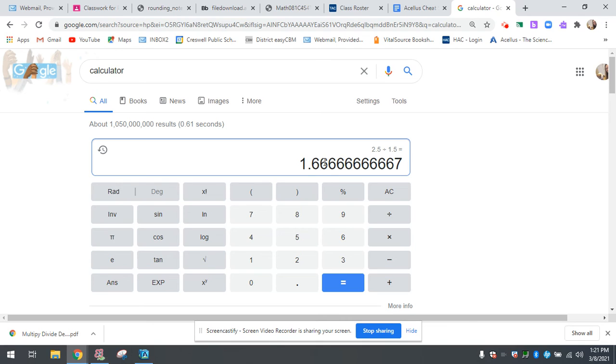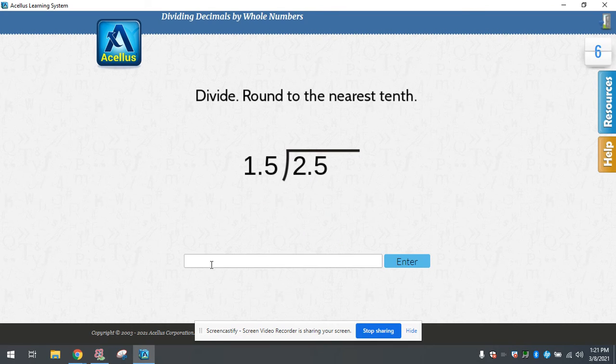We look at the number to the right of it to tell us whether we're going to round that 6 up to 7 or leave it. Now, the number to the right is larger than 5, so we are going to round the 6 up to 7, and our answer will be 1.7. Now we have rounded to the tenths place.